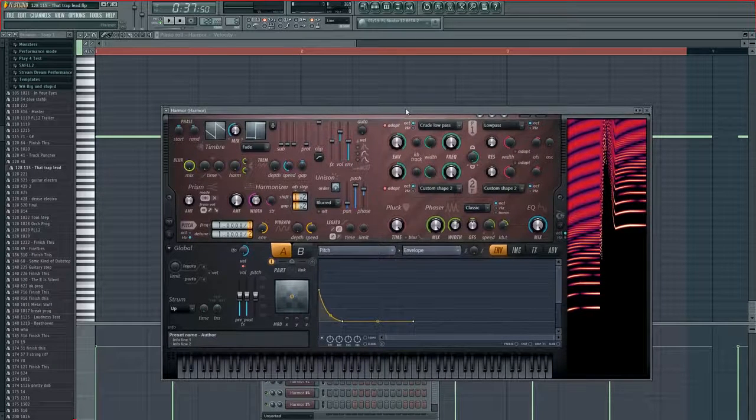Like the pitch bendiness that I've seen in a lot of trap. I have to imagine most of that's done manually, because it seems so wild. Right.